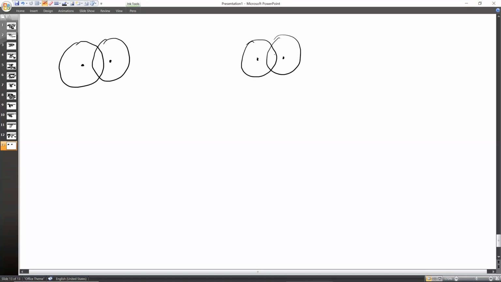The van der Waals radius is half of the distance between the two closest nuclei of these molecules. This is known as van der Waals radius. Got it?